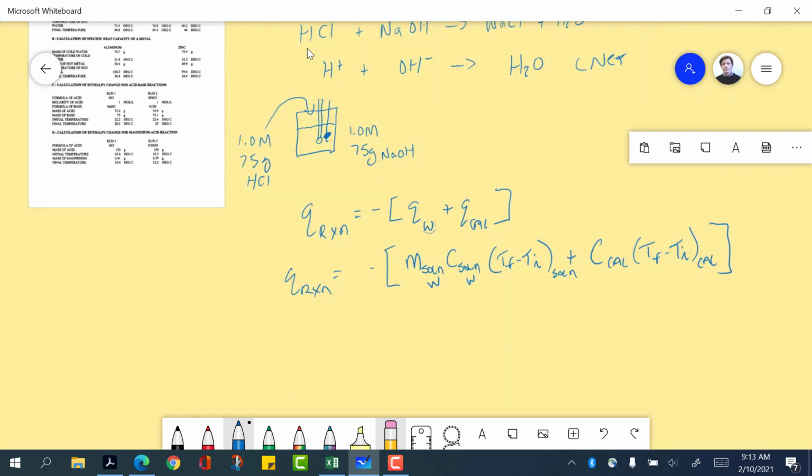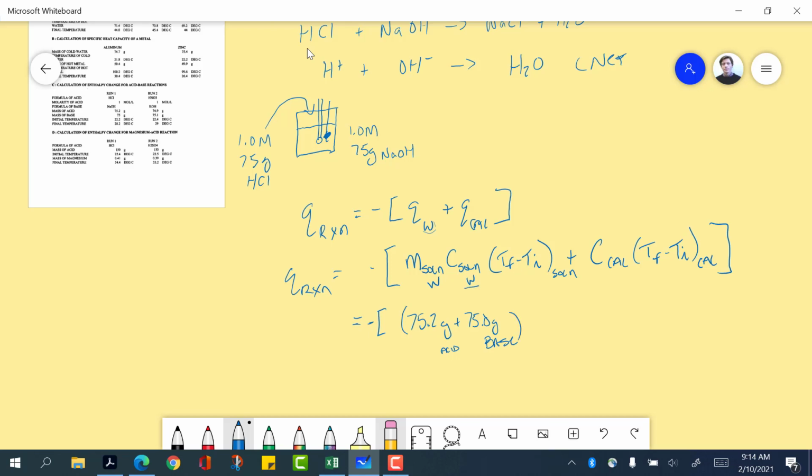So if we're putting in the information that they gave us, what this means is we started with 75.2 grams of acid, because the acid and base react together to form our solution in water. It's an aqueous solution. And we're adding that with, if we look at the data table here, the mass of the base, which was 75 grams of base.